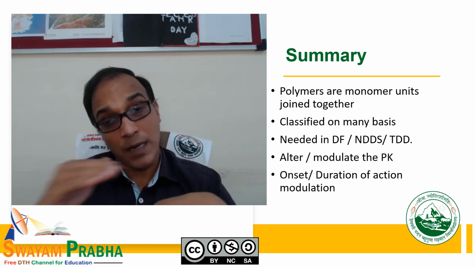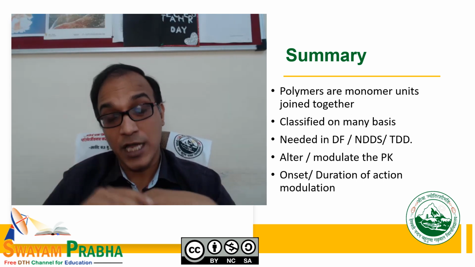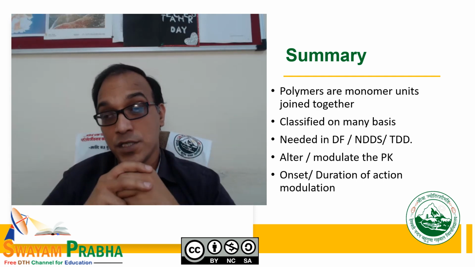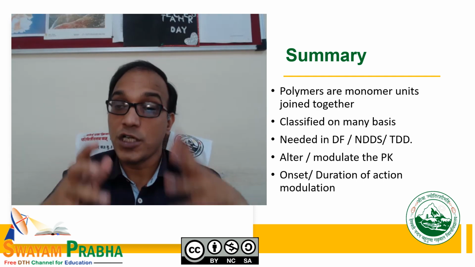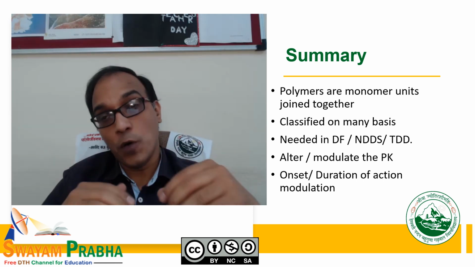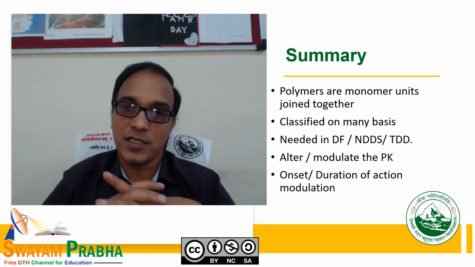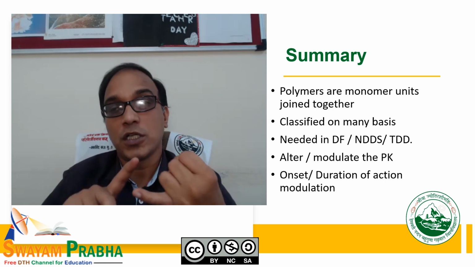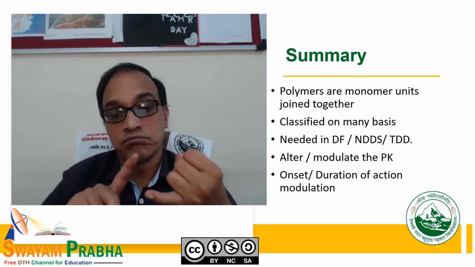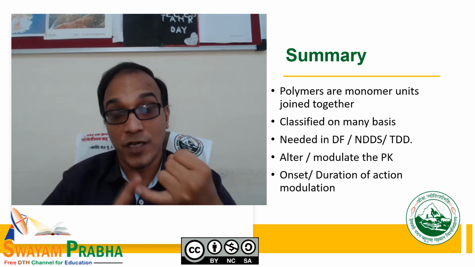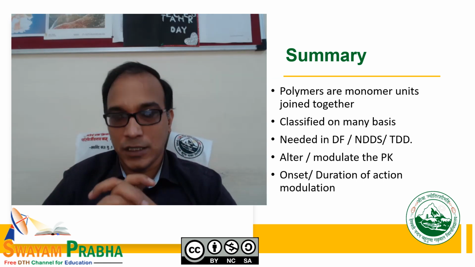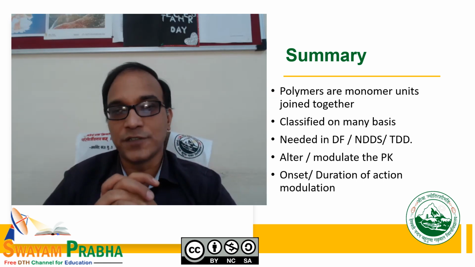They alter the pharmacokinetics of a drug when they are put into drug delivery systems, and they can manipulate the onset and duration of action. The selection of polymer is governed by various factors, including the properties of the drug, properties of the polymer, type of product desired, type of release desired, and some other factors which may be specific to the need.